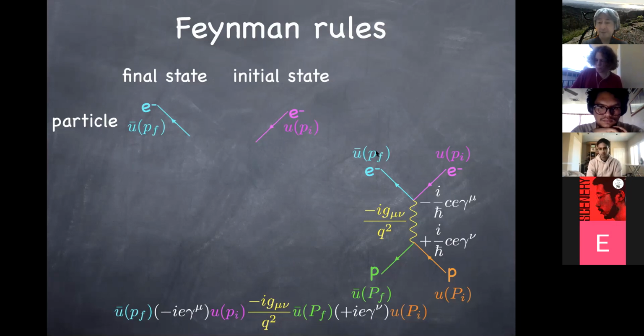So immediately, when you see a Feynman diagram, you know what to put in for the initial state electron and final state electron. If you talk about an antiparticle, then it's slightly different. For the positive energy solution, you don't actually annihilate the antiparticle.